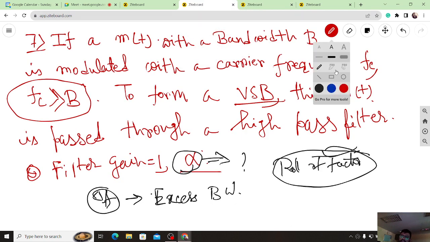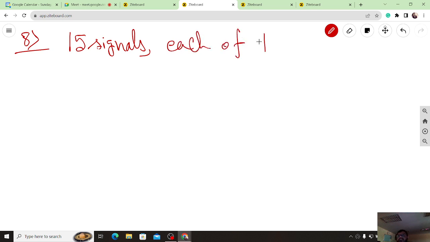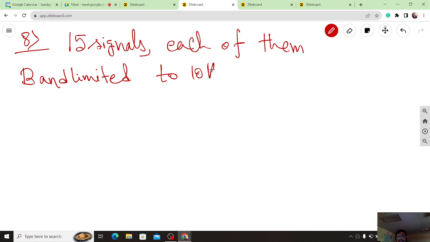Let us go to the next question. Suppose there are 15 signals and each of them is band limited to 10 kilohertz.